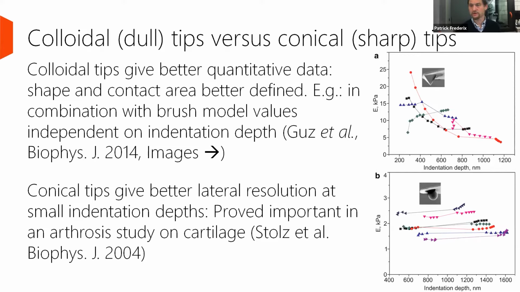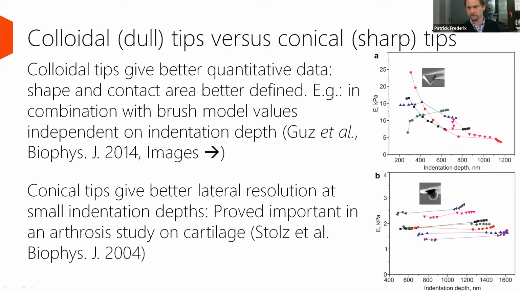You better know the radius of a sphere than the exact opening angle of your tip. Plus, the surface of a sample can better follow the contours of an indenting bead than of a very sharp, high aspect ratio tip. So the contact area is better defined with a colloidal tip.